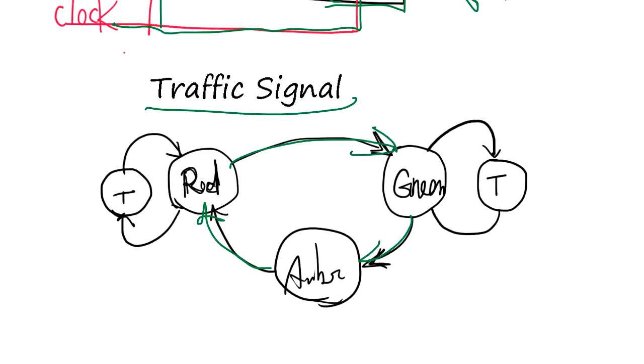But if you want to make it a little more intelligent, you detect traffic amount, and if beyond a certain amount, you extend the green light, so a time delay, a state change, happens. And for the red, you also detect something, and based on that amount, you extend the red light. So this is going to be the state diagram.